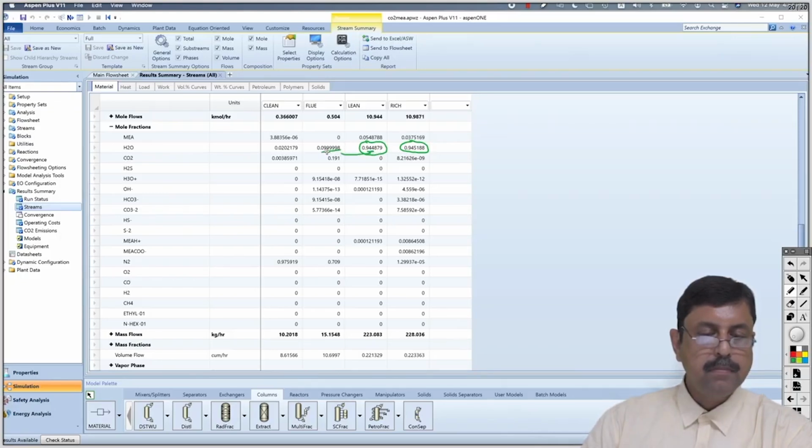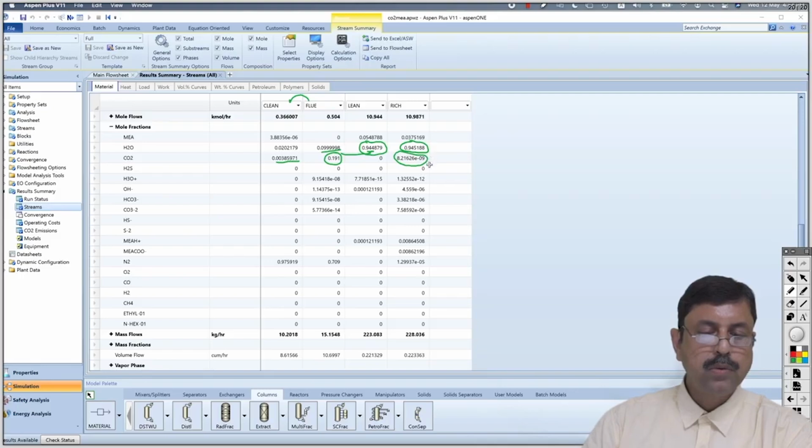And from nearly 10% in the flue gas, it has reduced to 2%. CO2, it was 19.1%, reduced to 0.38% in clean gas. So from flue to clean, the CO2 has almost gone. And rich amine is having that amount.